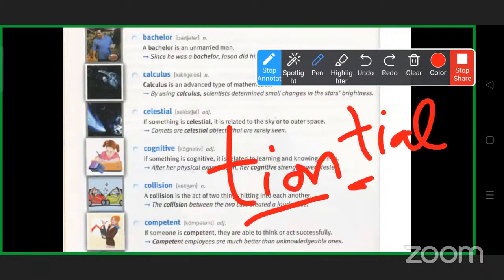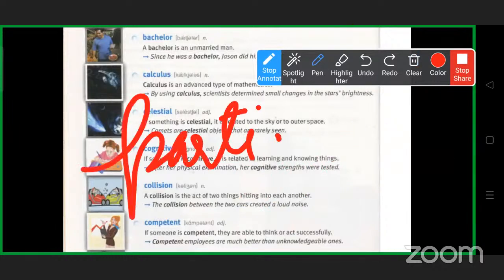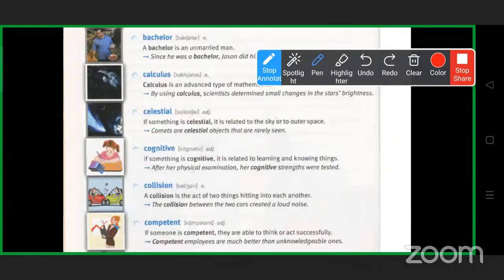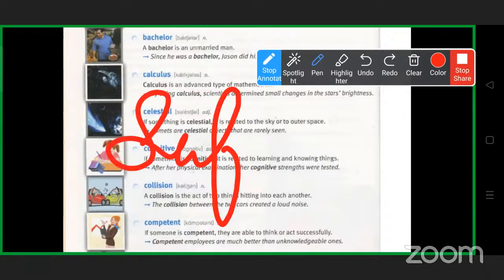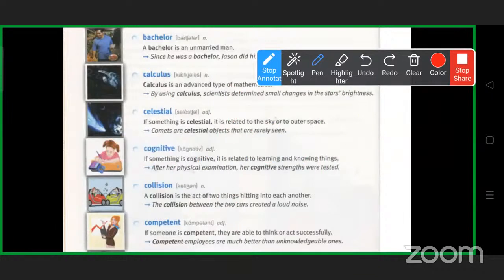Anything ending like that, for example partial, is also an adjective. Then superficial. All these words which end with IAL will be adjectives only, adding something to the meaning of a noun. So if something is celestial, it is related to the sky or something in the sky.